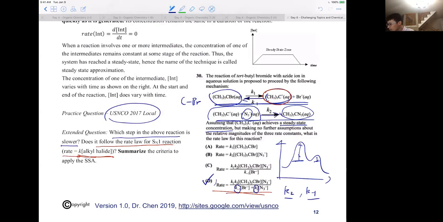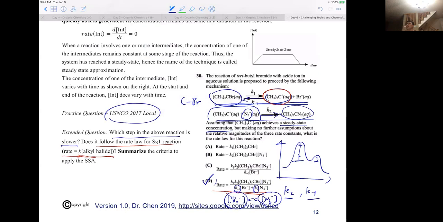But in the beginning, can we say the Br minus is much smaller than the N3 minus? Because the N3 minus is the reactant and the Br minus is the product.